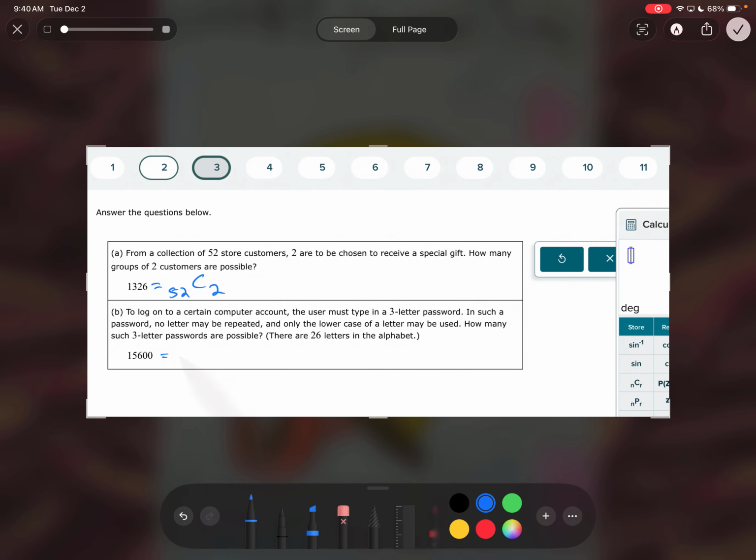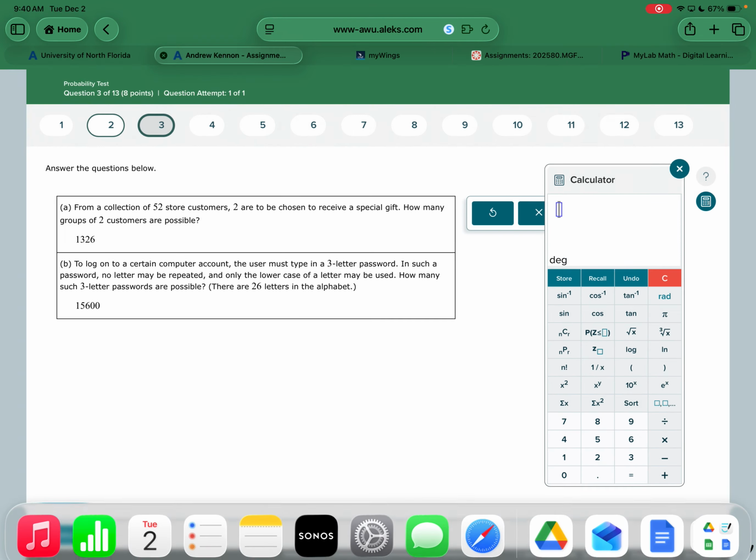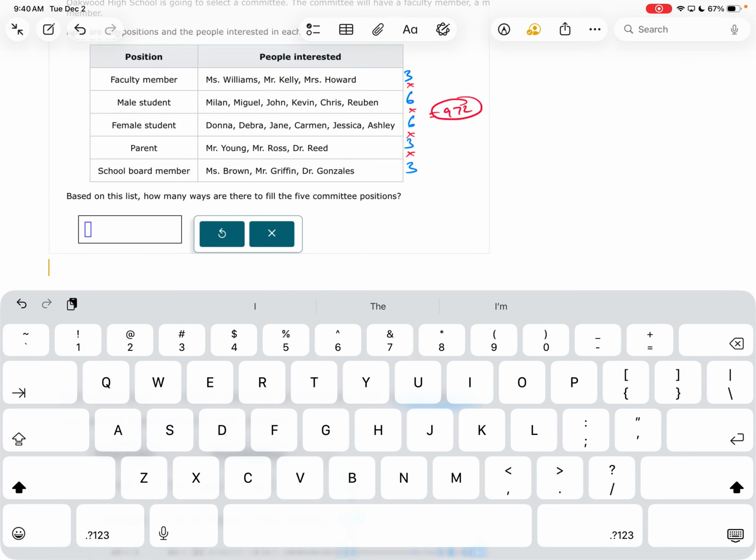So this one was 26P3. Okay, so again, the combination right here, the order does not matter. And the permutation, the order does matter. Okay. That's how you figure out which button to use.